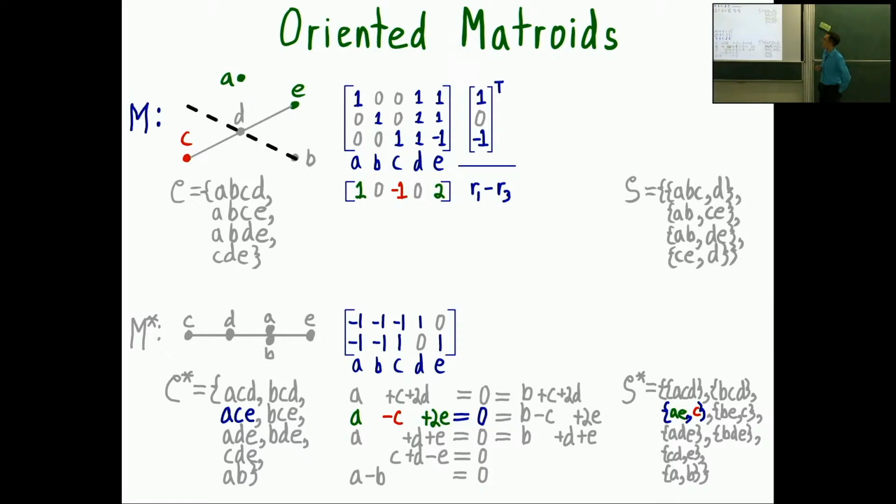And looking at the signs, they're how the elements in the affine representation fall on either side of this hyperplane. So bipartitions of co-circuits in the affine representation are how each hyperplane actually divides the elements up.